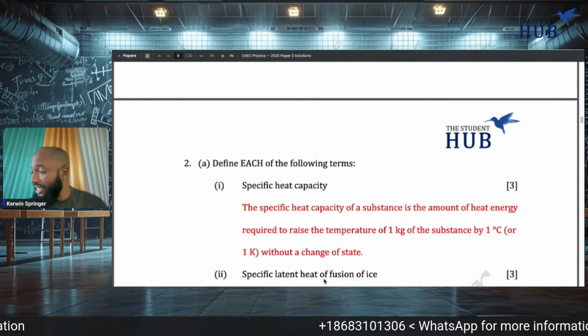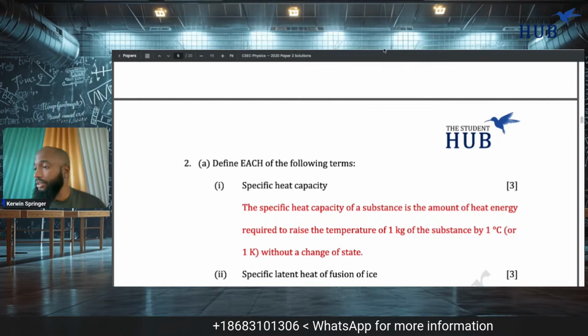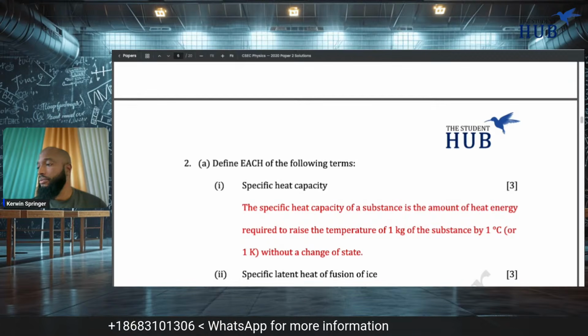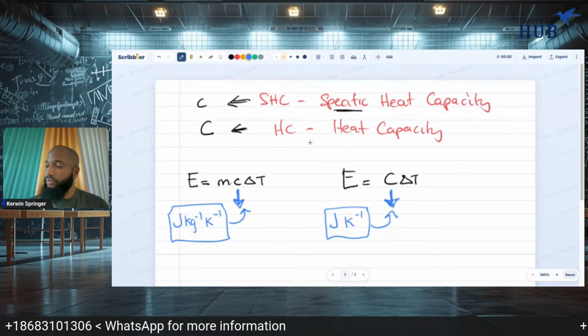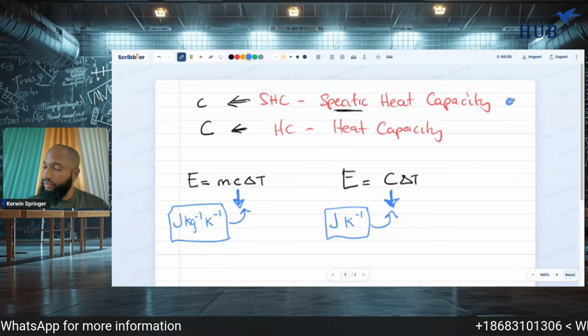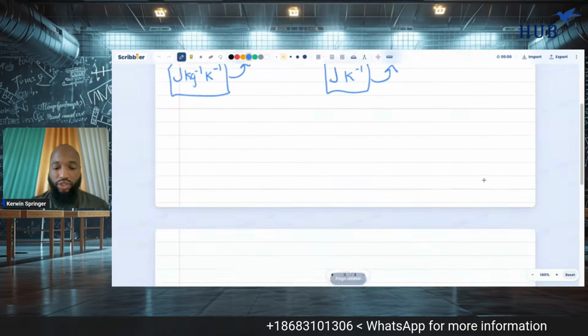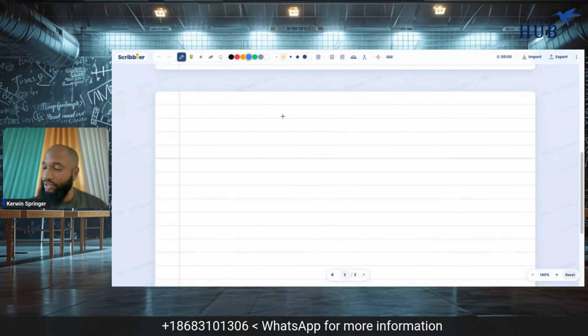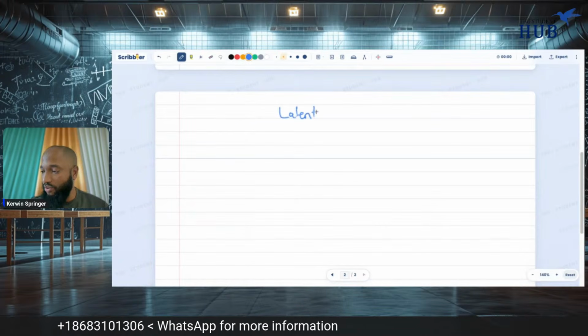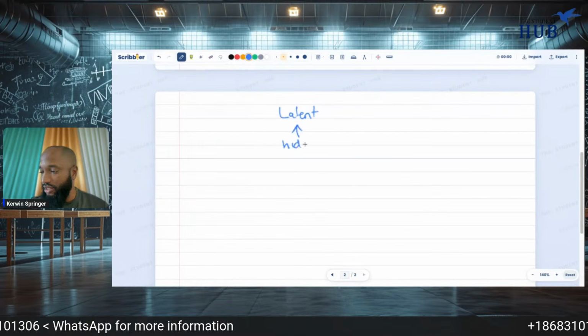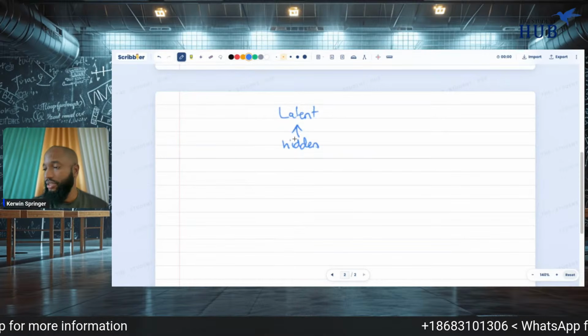What is the specific latent heat of fusion of ice? What is that? So latent heat of fusion, what does the word latent mean? Hidden. And what does this tell us? Hidden in terms of what?